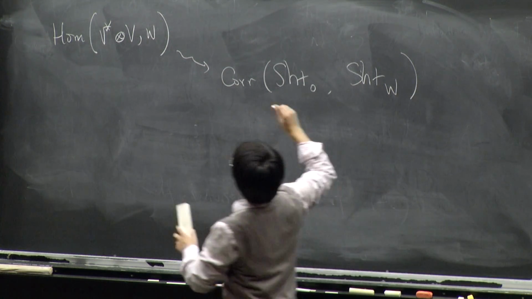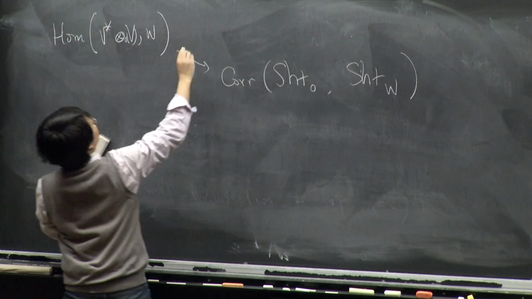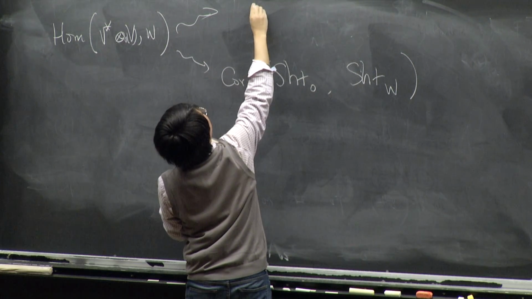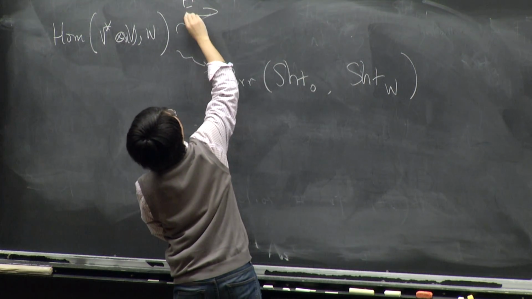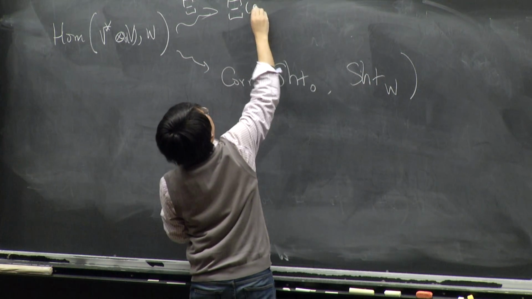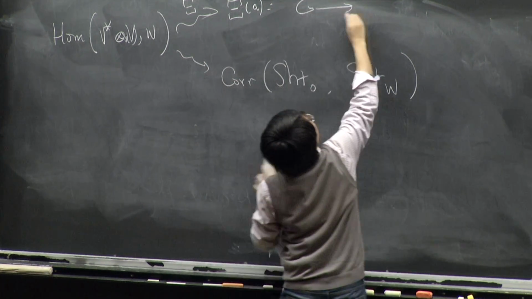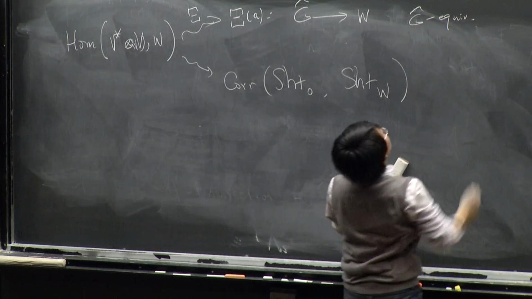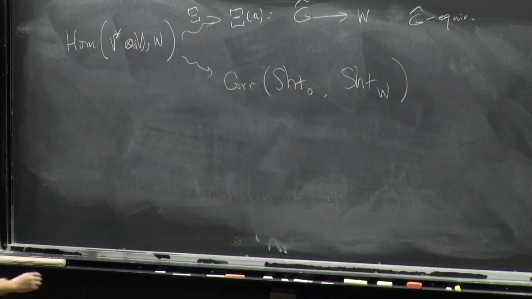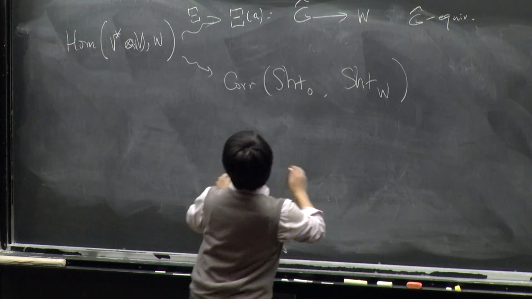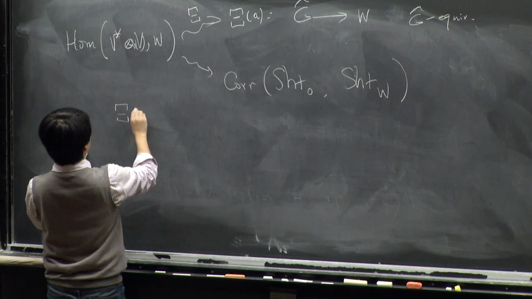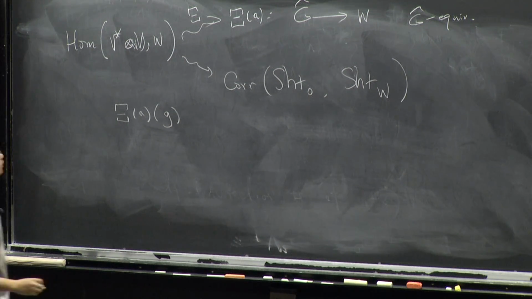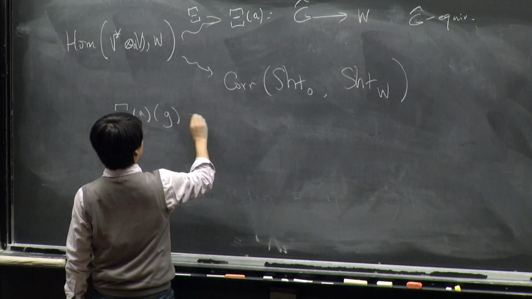On the other hand, something interesting is this map would give us a function from G hat to W, which is a G hat equivariant function. So this construction is as follows. For sigma A, I consider its value on an element sigma in the dual group, defined as follows.